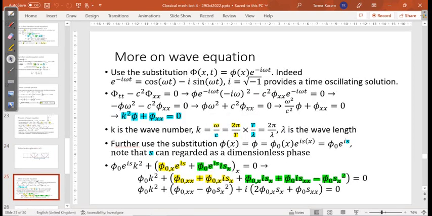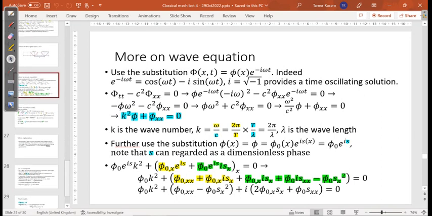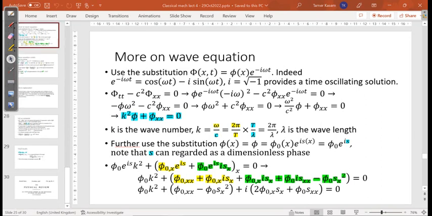Now next we are going to do some more math, okay, because we will try to simplify a little. We know that phi capital is a wave, so we'll decompose it or try to separate the space dependence and the time dependence. This is phi capital, a function of x and time. Phi small will be a function in x small, and we are introducing here the exponential, where i is the imaginary number, square root of negative 1.